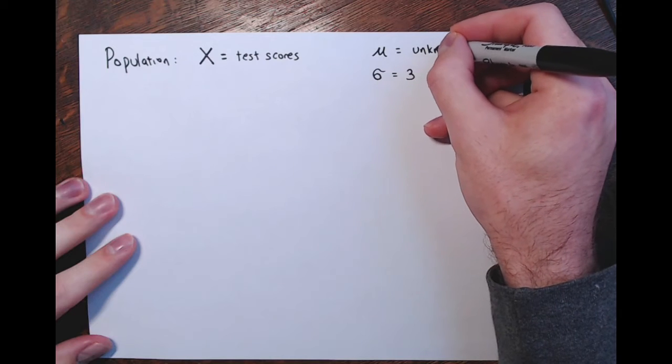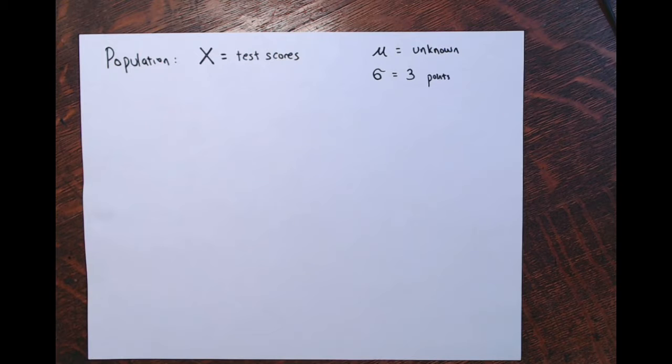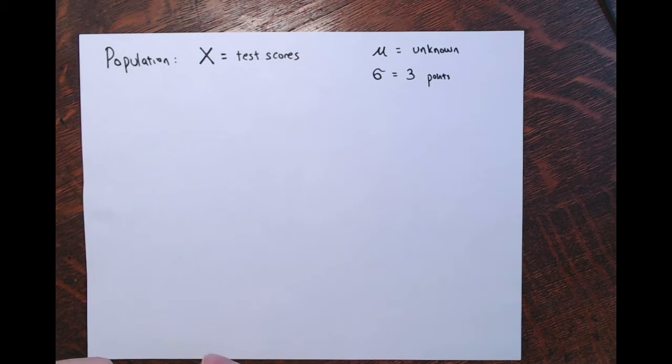When we have an unknown population mean, we'll make a guess as to what that is using a sample. And that guess is called a confidence interval. We're going to be a certain percentage confident that the value of mu, the average of all test scores, is within a certain range.